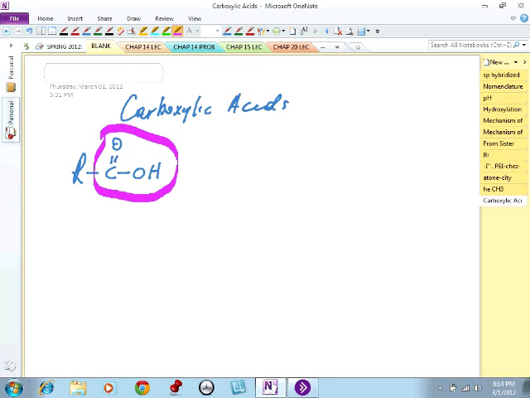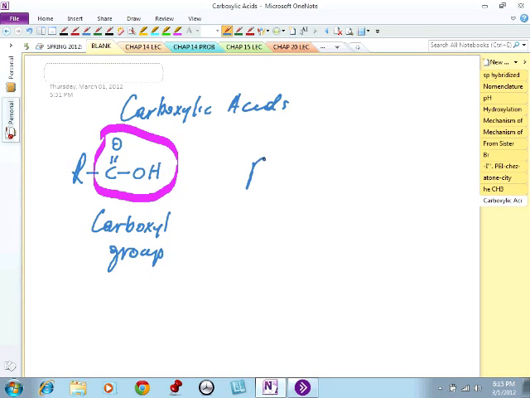As you can see in the carboxylic acid, which contains the carboxyl group, you have the carbonyl group, which is a carbon-oxygen double bond, bonded to a hydroxyl group, and the carbonyl group is in turn bonded to a carbon atom.